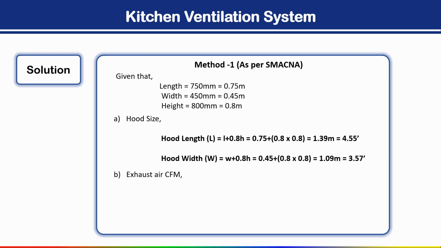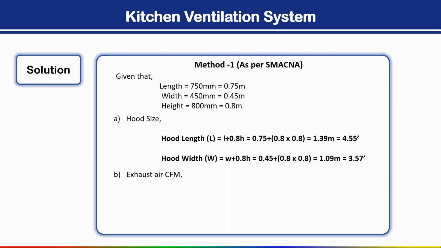What is the formula? Exhaust air CFM is equal to 100 into P. For medium cooking, exhaust air CFM is equal to 150 into P, where P is the perimeter in feet. And for heavy cooking, the formula is exhaust air CFM equal to 200 into P.